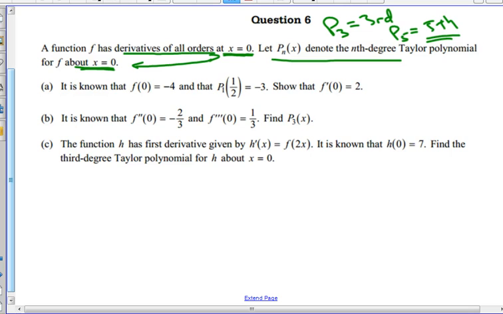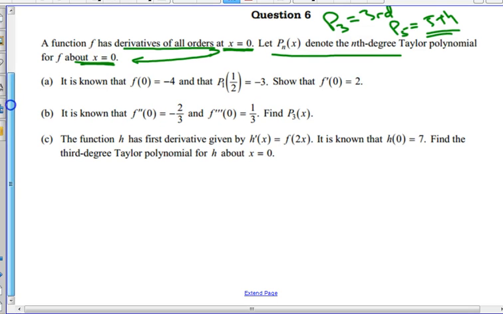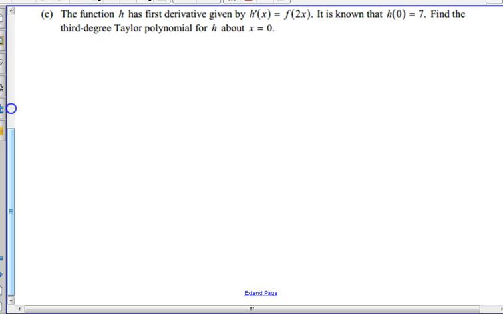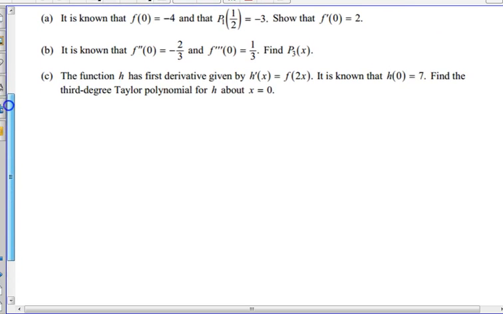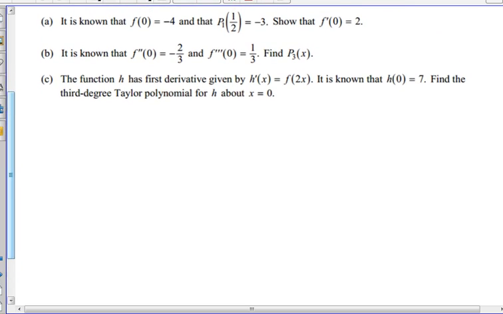Okay. Part A is the trickiest part. Let's see if we can make sense out of this. And it's tricky because they're asking it kind of backwards from what we're used to. So here's part A. It is known that our function at 0 is negative 4. We'll need that. And that P1 of a half is negative 3.